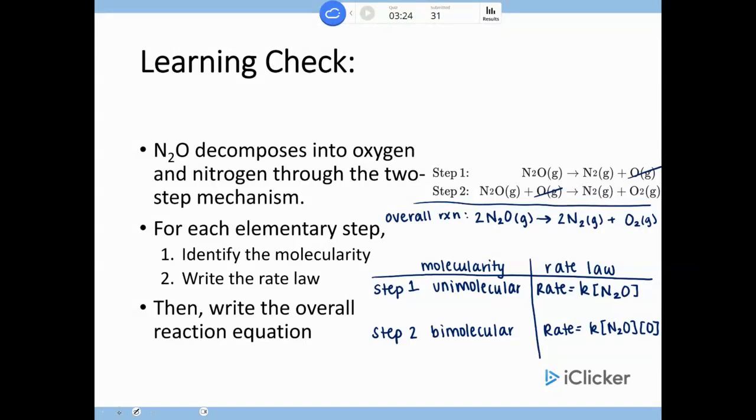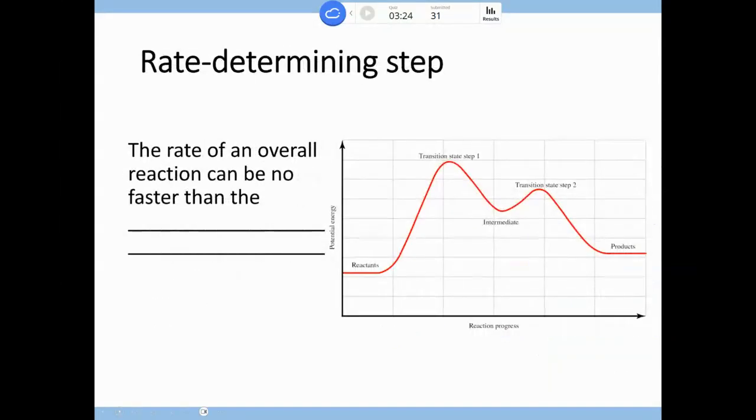So for the rate of an overall reaction, it is no faster than the slowest elementary step. And we call this step, for a reaction mechanism that has multiple steps, the rate determining step because it determines the rate of the overall reaction.